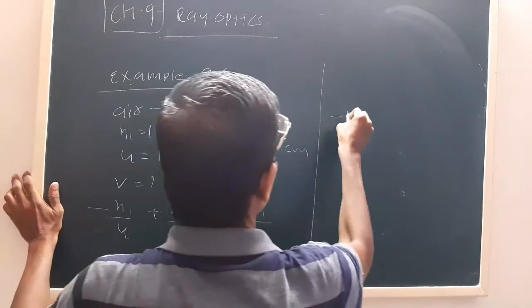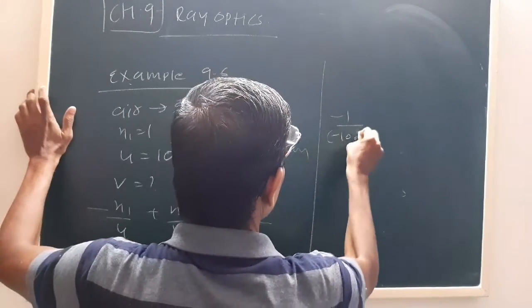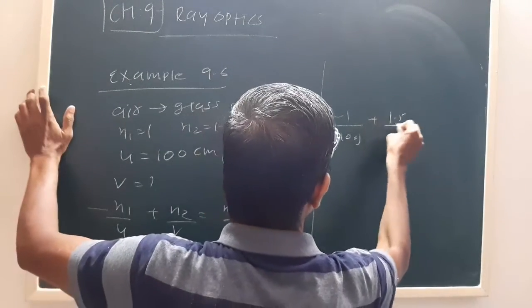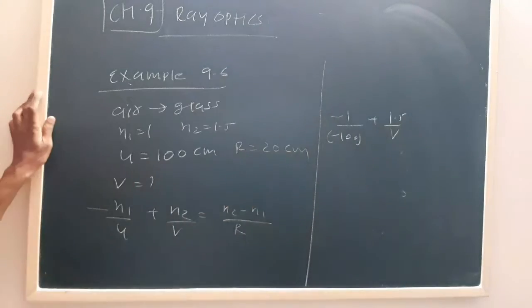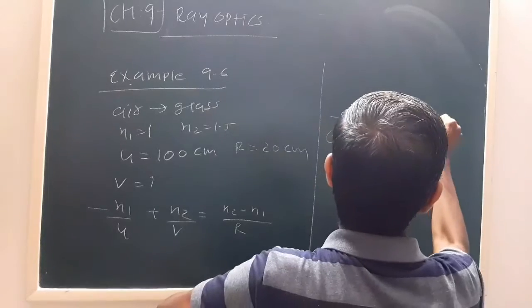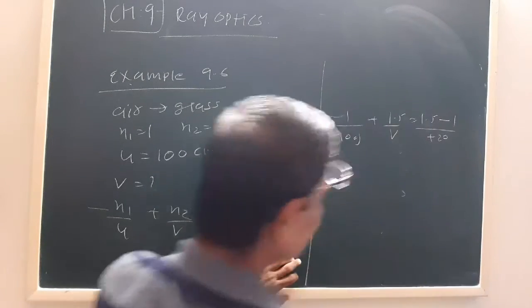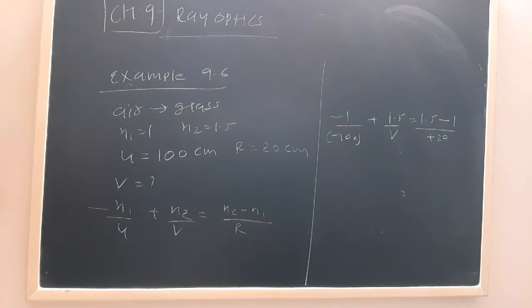Minus n1. Okay, u is, the object distance we have to consider negative. n2 is 1.5, n1 is 1. Now n2 minus n1, n2 is 1.5 minus n1 is 1. R is plus 20 centimeter.